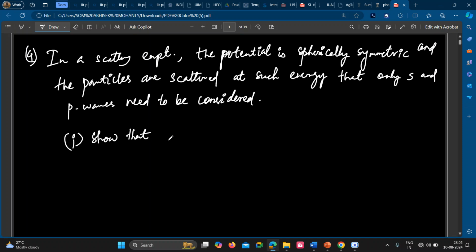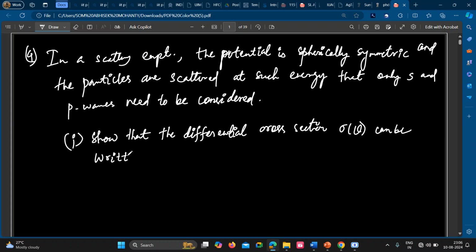So that the differential cross section sigma theta can be written in the form sigma theta is equal to a plus b cos theta plus c cos square theta.